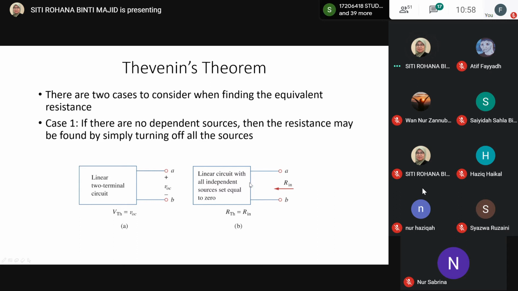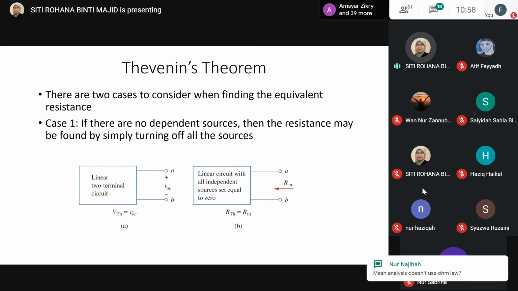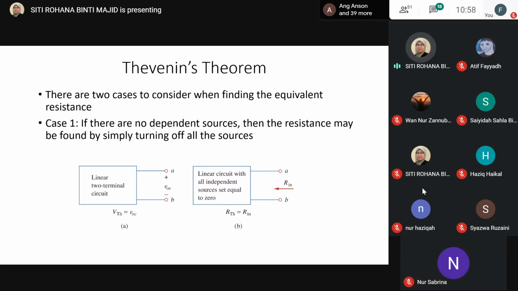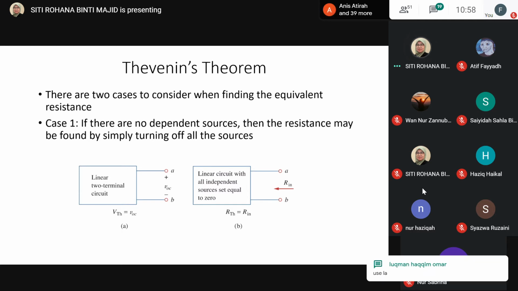No comments. Okay, so we will continue. Mesh analysis doesn't use Ohm's law, really?